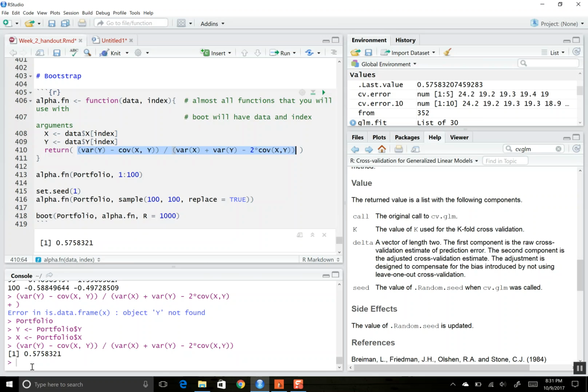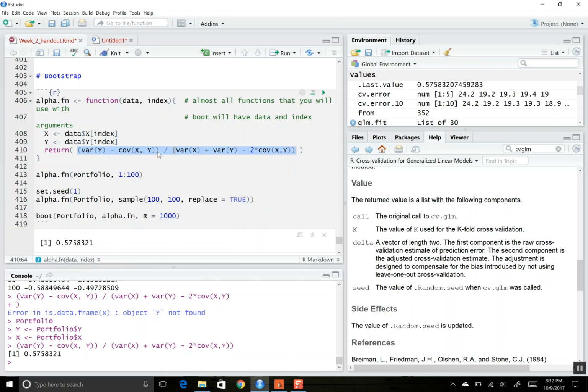Okay, so this I can use to help guide me in terms of how much I should invest into each of these options here. So the details of this are not as important, okay? This is just the sample statistic that we are interested in calculating.